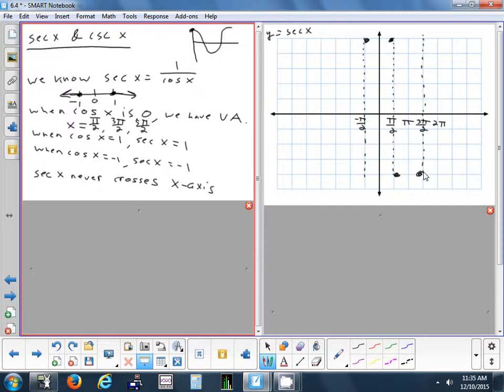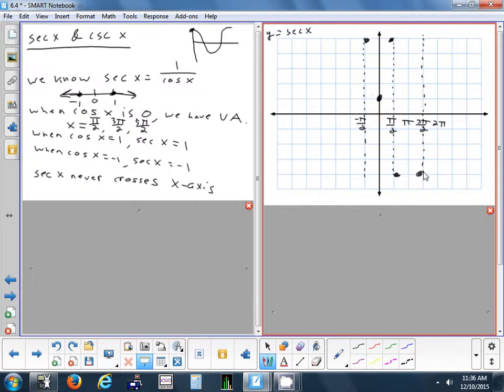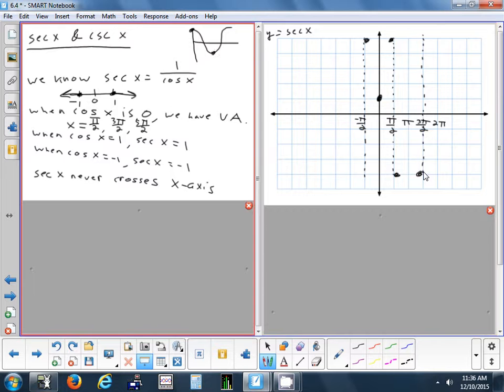So cosine of 0 is up at 1. And we said if the cosine is equal to 1, then the secant is also equal to 1. So at 0, secant is equal to 1. And what's a value I could take the cosine of and get negative 1?